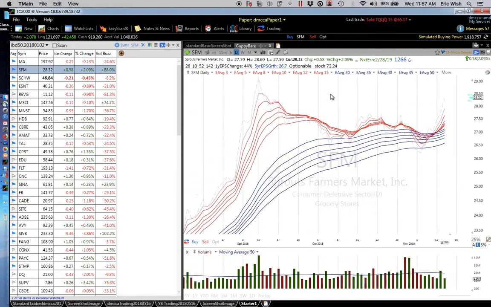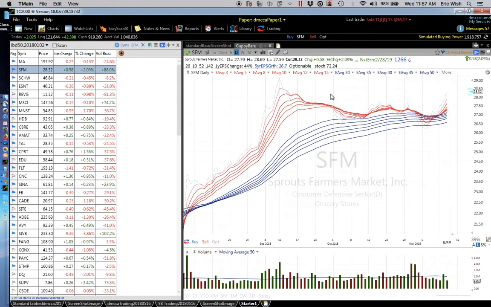The red, white, and blue indicator is based on the Guppy multiple moving average chart. The Guppy multiple moving average chart is based on 12 exponential moving averages, where the first 6 have shorter periods and the latter 6 have longer periods. The RWB is coined by Dr. Wish.